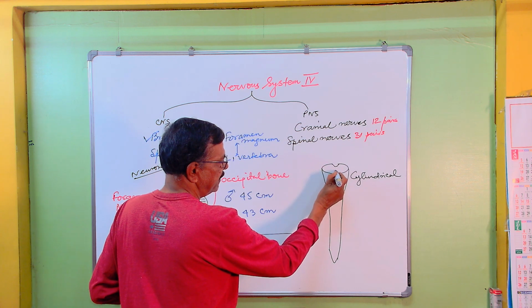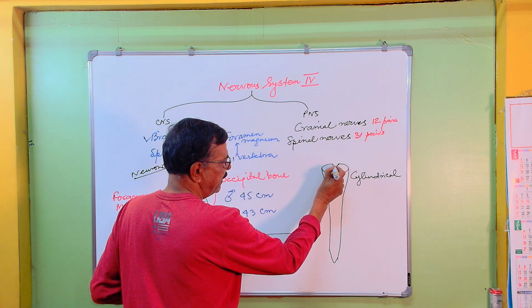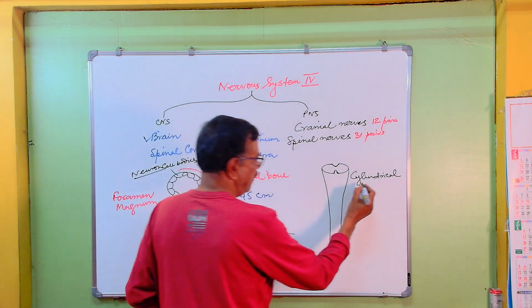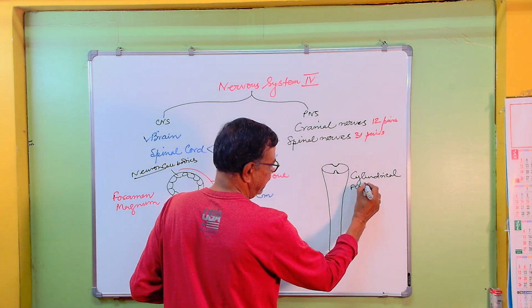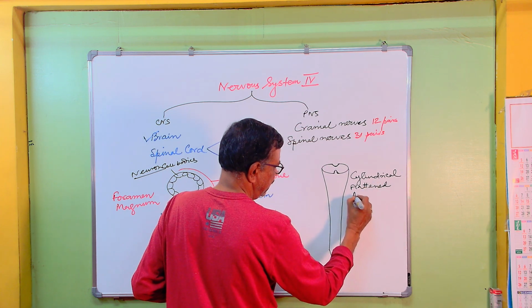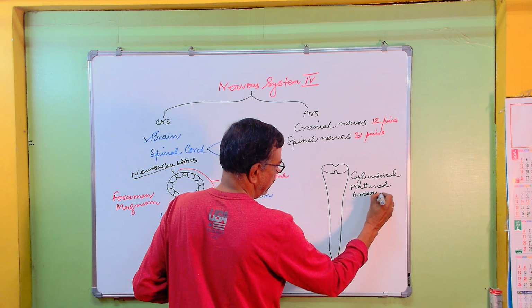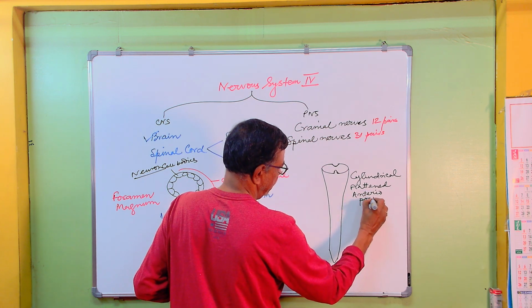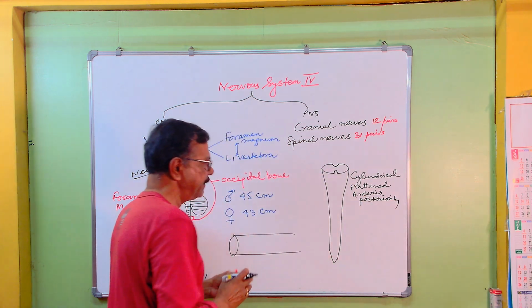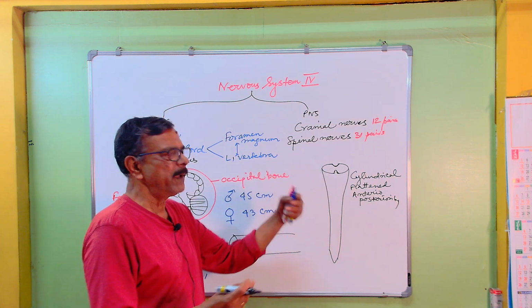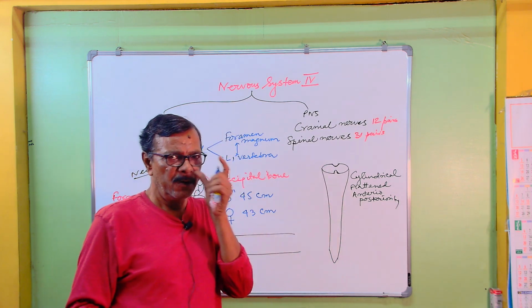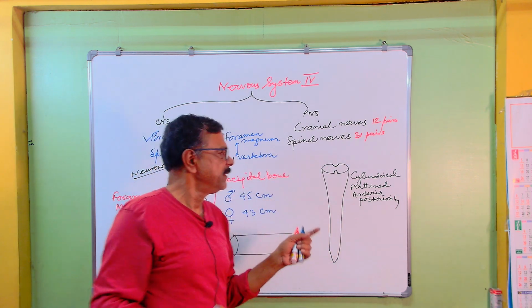So it is almost cylindrical, and flattened anterior-posteriorly. So it is flattened on this side. Since these two have a groove or sulcus, this is called the ventral sulcus, and this is called the dorsal sulcus, that is on the back side.